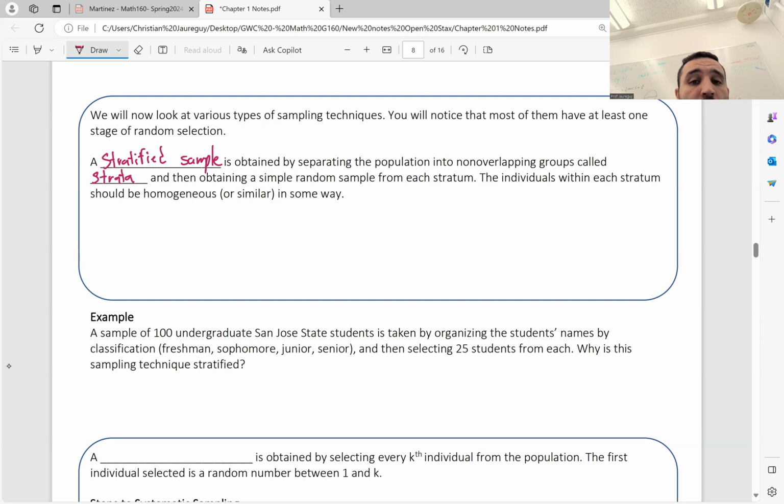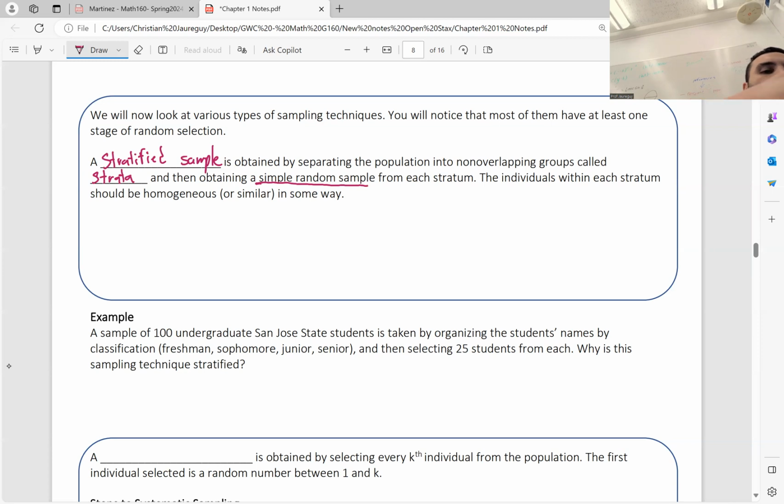And then obtaining a simple random sample from each stratum, plural of strata. The individuals within each stratum should be homogeneous or similar in some way. But notice, we then take a simple random sample, so it is random in some way.